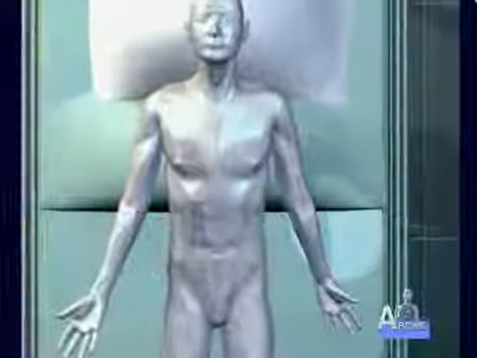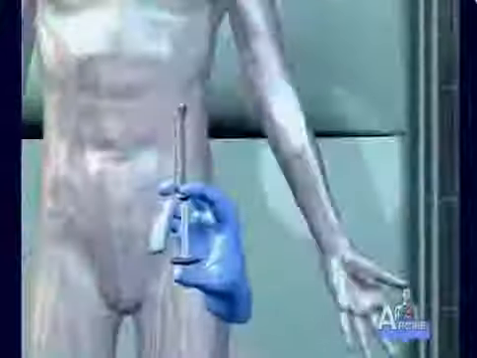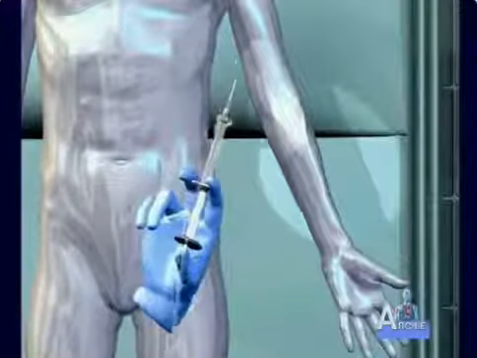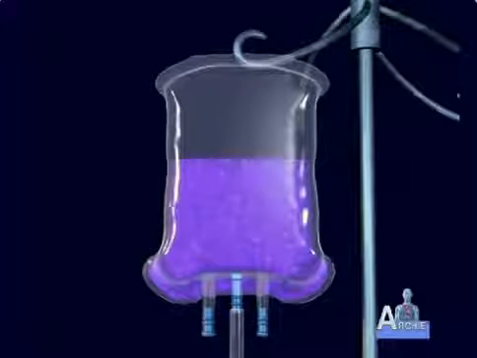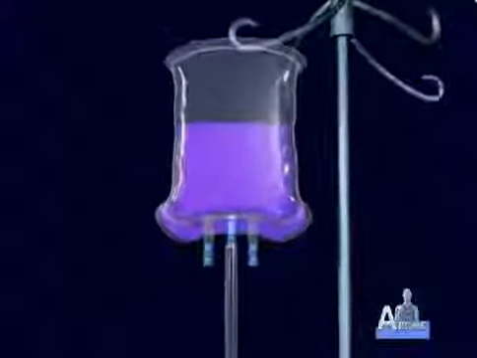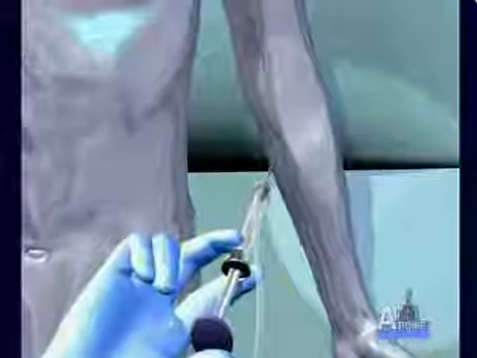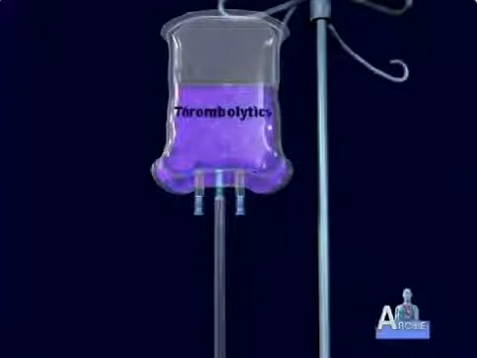A more aggressive intervention for the unstable patient would be the administration of intravenous thrombolytics. The medication is distributed throughout the circulatory system and will lyse clots wherever they exist in the bloodstream. Thrombolytics are contraindicated in patients with active bleeding and those who have had recent trauma or stroke.